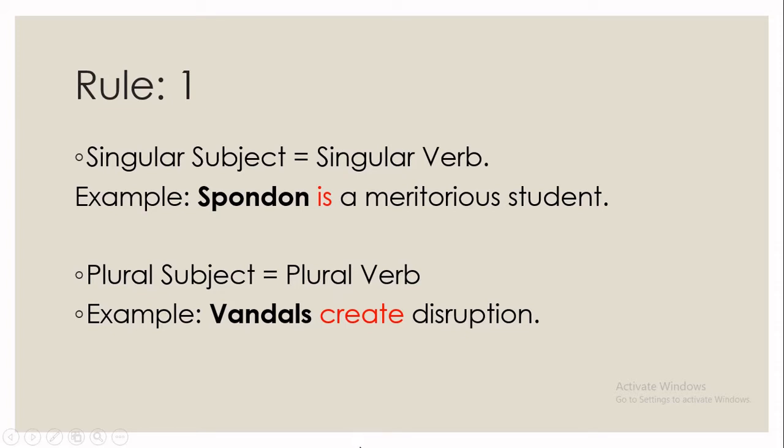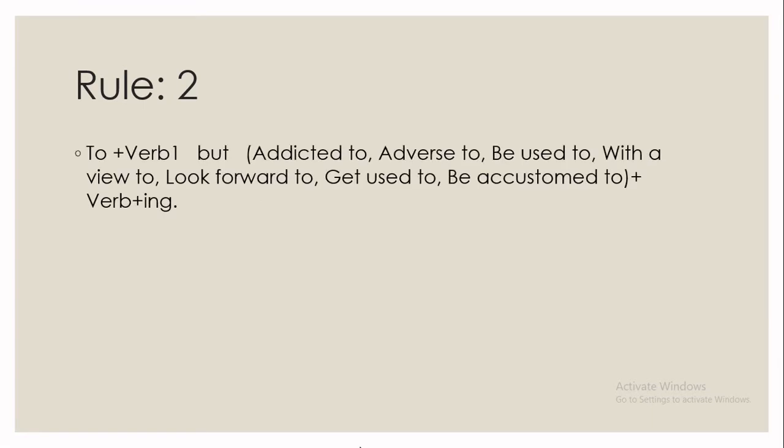Okay, now let's move on to rule 2. After to there's always verb 1, right? For example, let's say I want to achieve. After to there's always verb 1. You know what verb 1 means, right? Like go, went, gone.